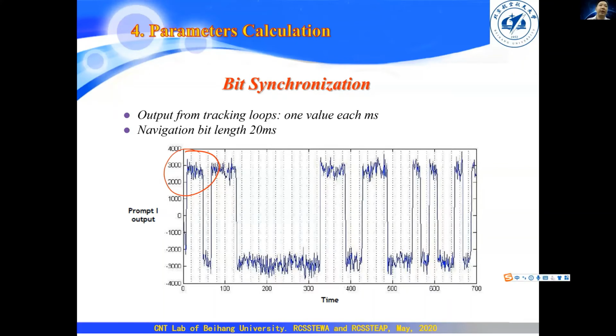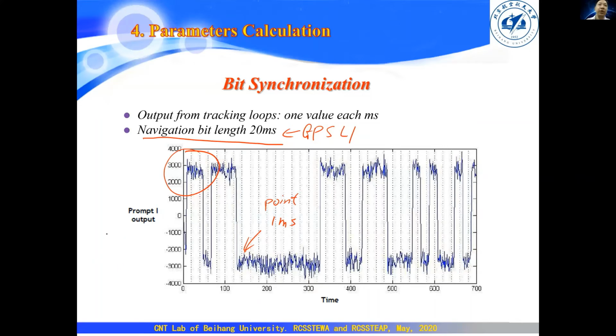Each one is a 1 bit. Because each navigation bit of the GPS L1 signal is 20 milliseconds, and each point here is only 1 millisecond, each sequence of 20 milliseconds means a navigation bit.